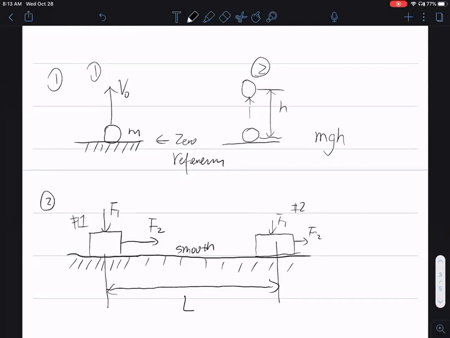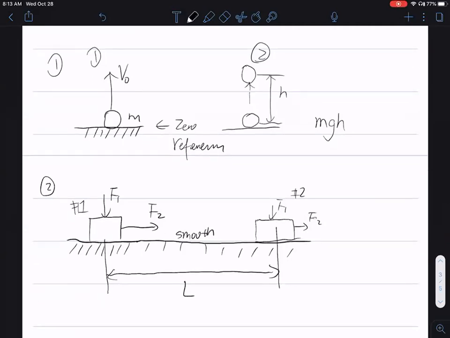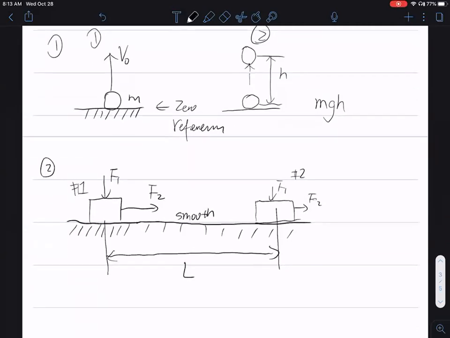Let's do a survey. How many of you think F1 would do work? Raise your hand. No? How about F2? Okay. All right. So what's the work done from F2?